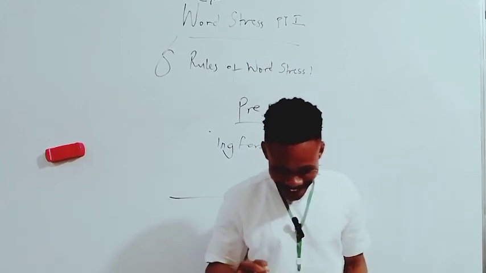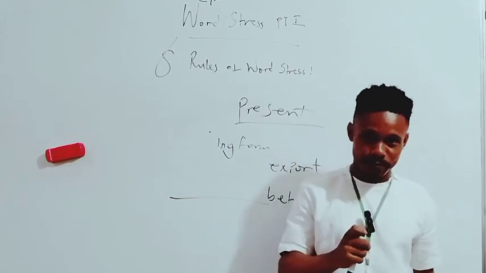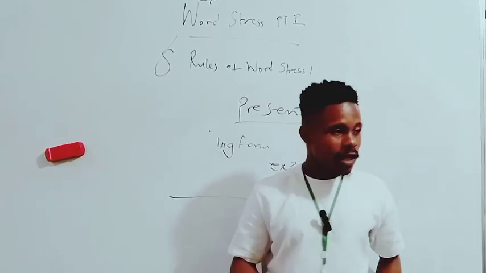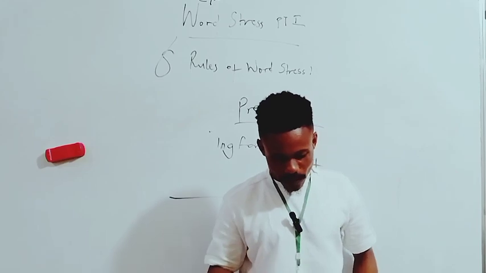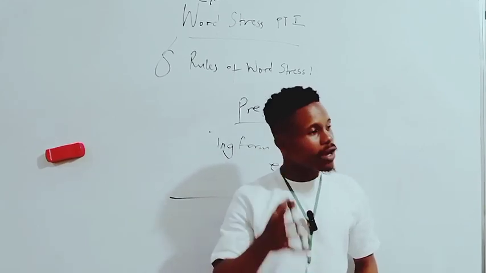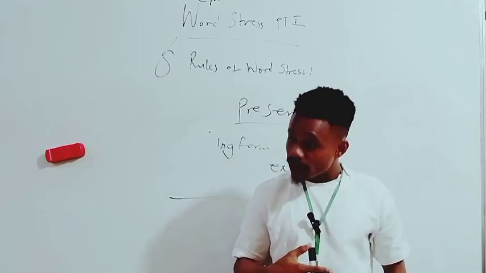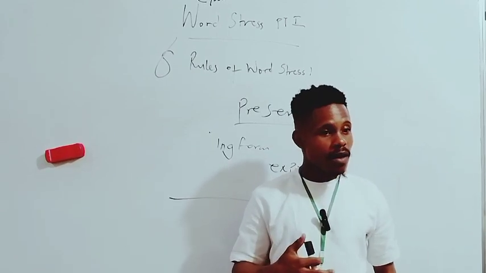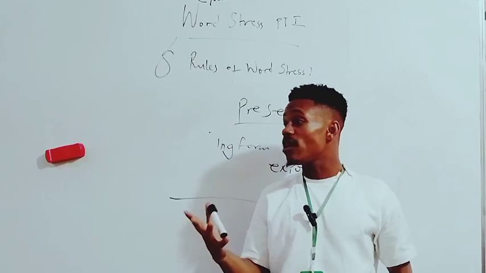Some words in English can be both a noun and a verb. An example of it is what? Okay, in this case, the noun is stressed where?